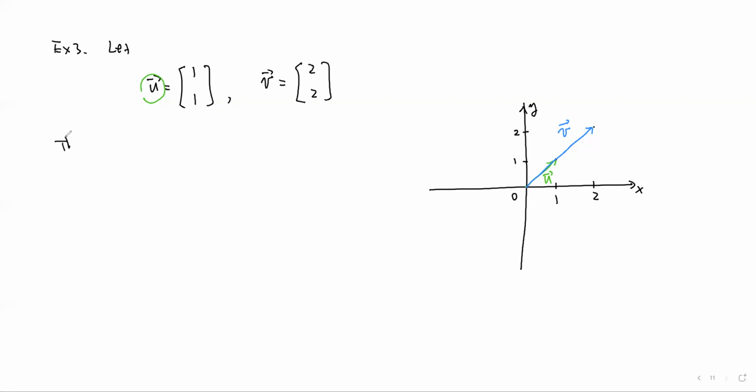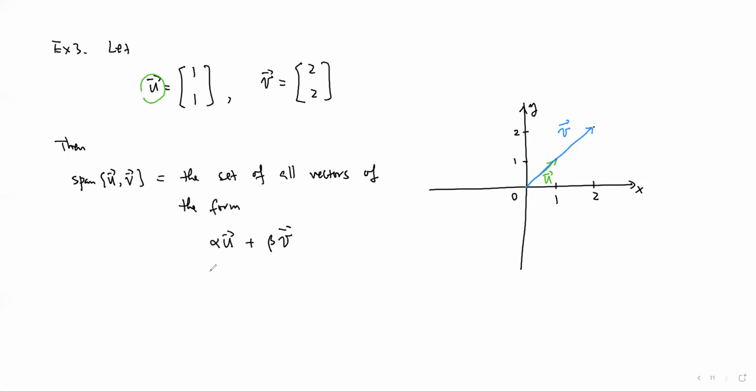Now, the span of U, V is the set of all vectors of the form alpha times U plus beta times V. In detail, it is (alpha plus 2 beta, alpha plus 2 beta).